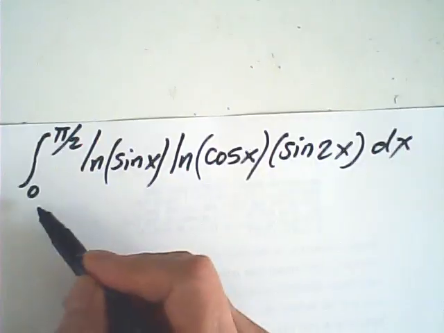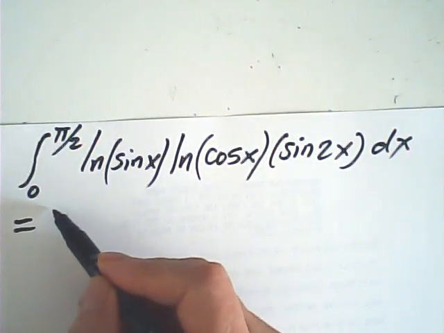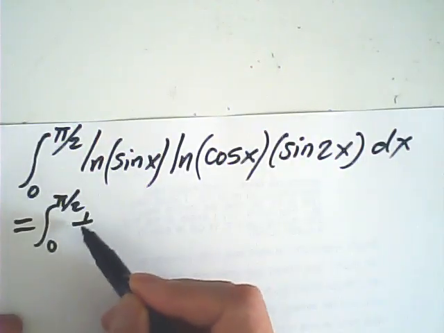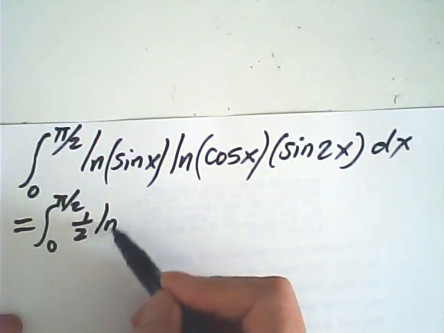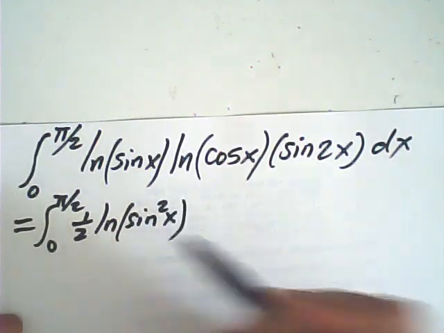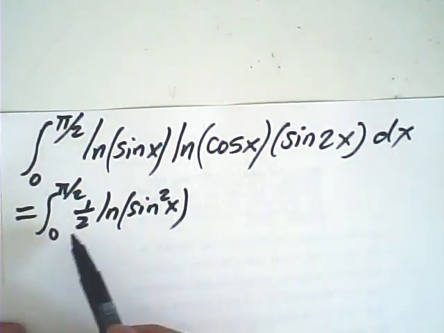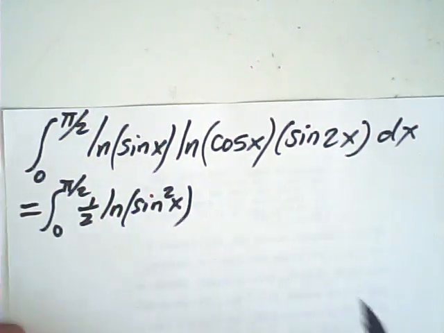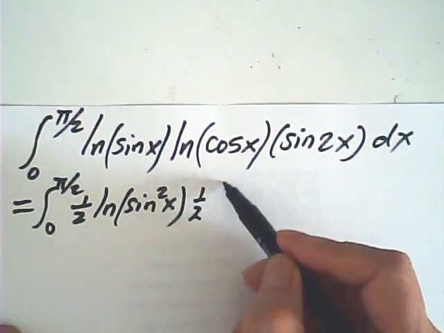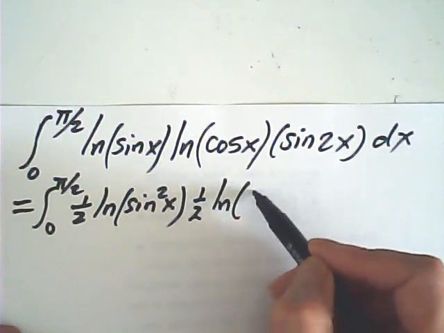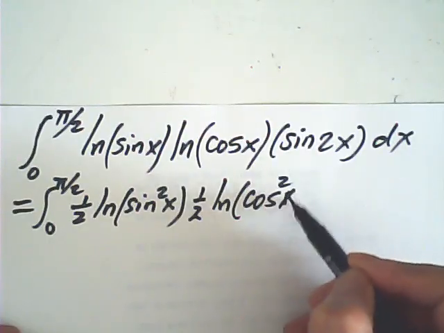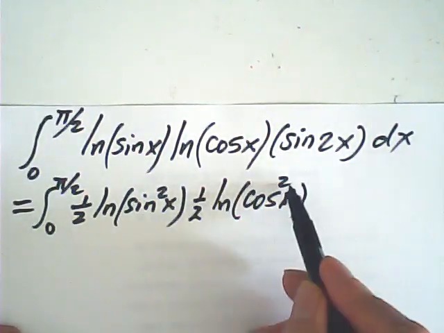Anyhow, I write down this is equal to the integral from 0 to pi over 2 of half log sine squared x, because this 2 cancels with that 2. Similarly, I write half log cosine squared x. Right, this 2 cancels with that 2.